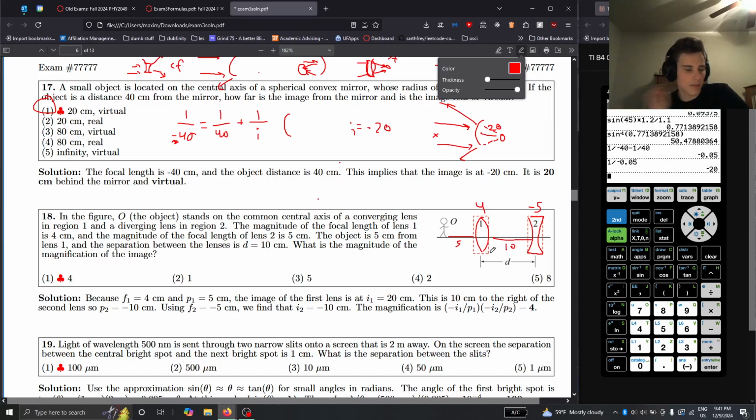What's the magnitude of magnification? We just have to do every magnification individually, and then we can multiply them together. So let's start here with the first image.